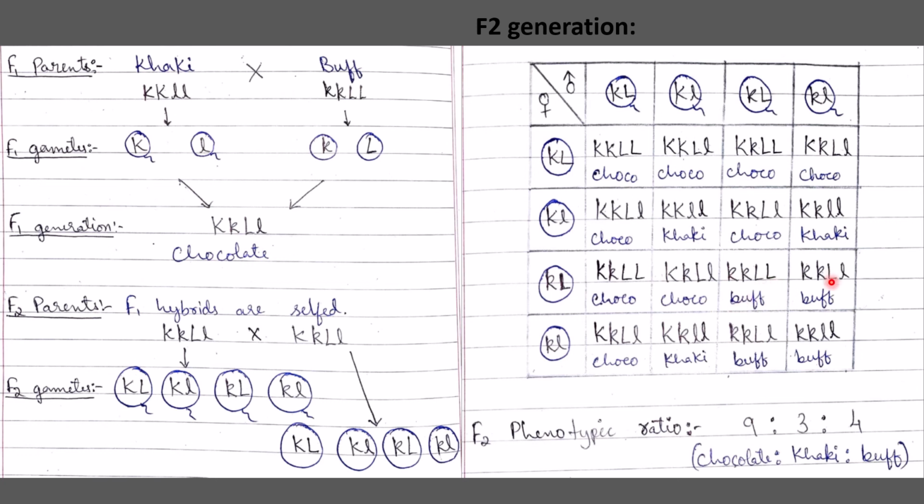So buff color is produced in all these four genotypes, as only the recessive allele K is present. So that is how the F2 phenotypic ratio of this supplementary gene inheritance, or supplementary factor inheritance, is 9:3:4, with the phenotypes chocolate seed coat color, khaki seed coat color and buff seed coat color. So that is about the supplementary gene interaction.